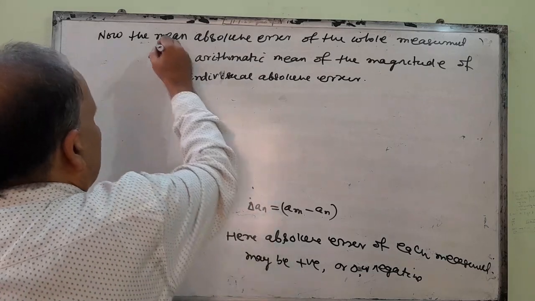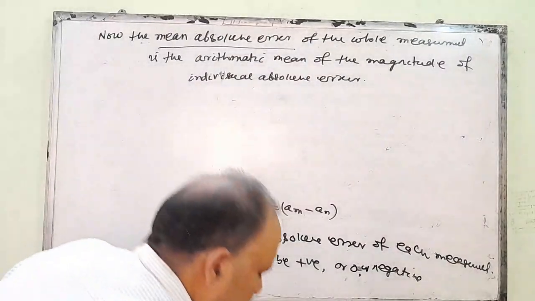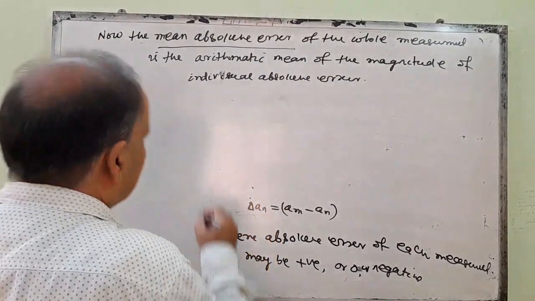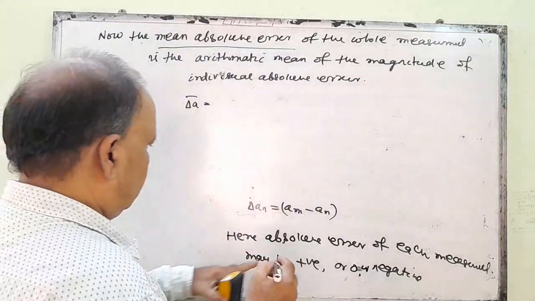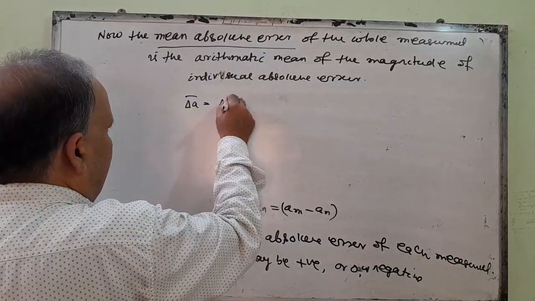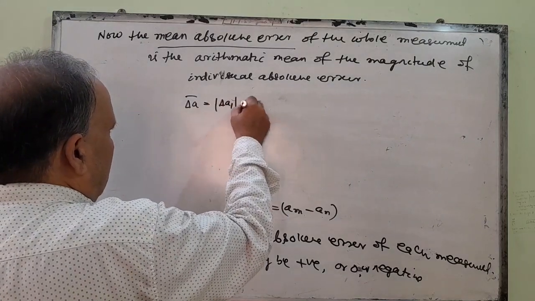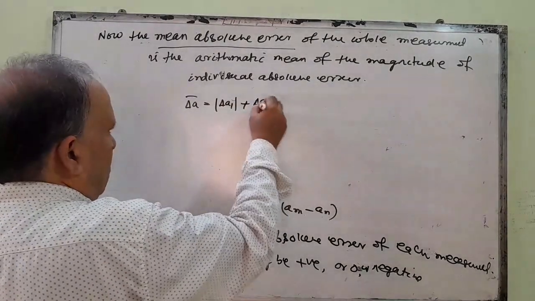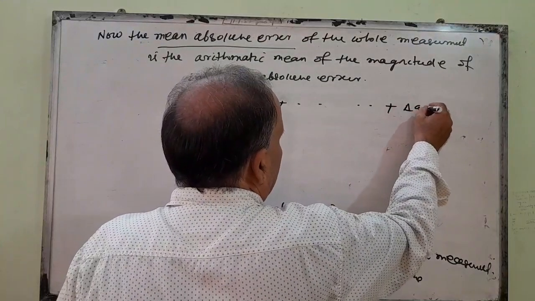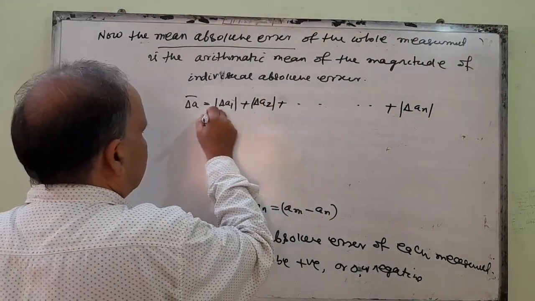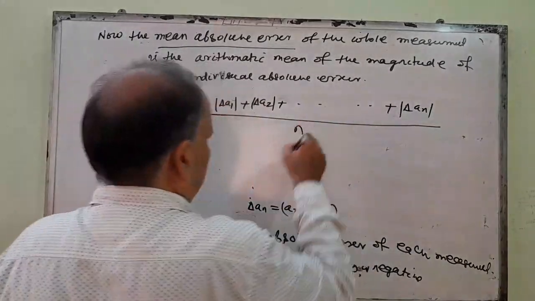What is mean absolute error? You write delta A bar is equal to what? Mod delta A1 plus mod delta A2 plus mod delta An divided by n.